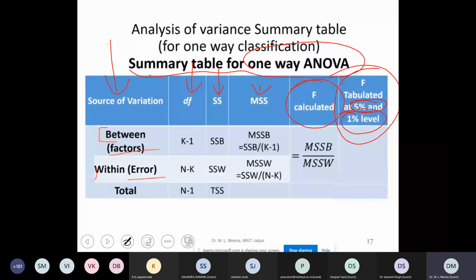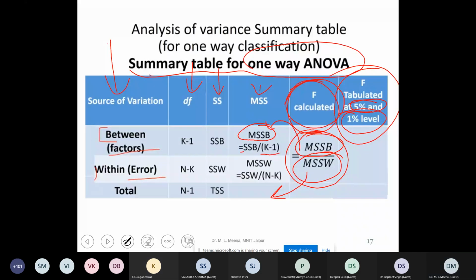So this is the formula. The calculated F, the F ratio, is equal to the mean sum of square between groups divided by the mean sum of square within groups. So how do we calculate the numerator and the denominator of the F ratio? MSSB, the mean sum of square between groups, is SSB divided by K minus 1.